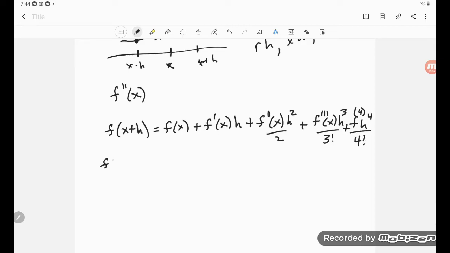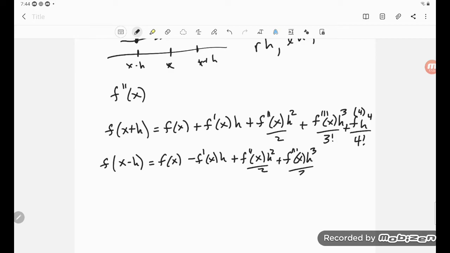Similarly, I could write f of x minus h equals f of x minus f prime of x h plus f double prime of x h squared over 2 plus f triple prime of x h cubed over 3 factorial.